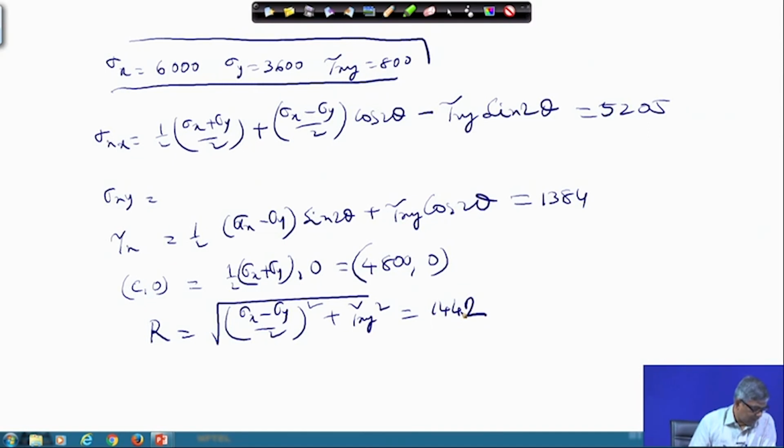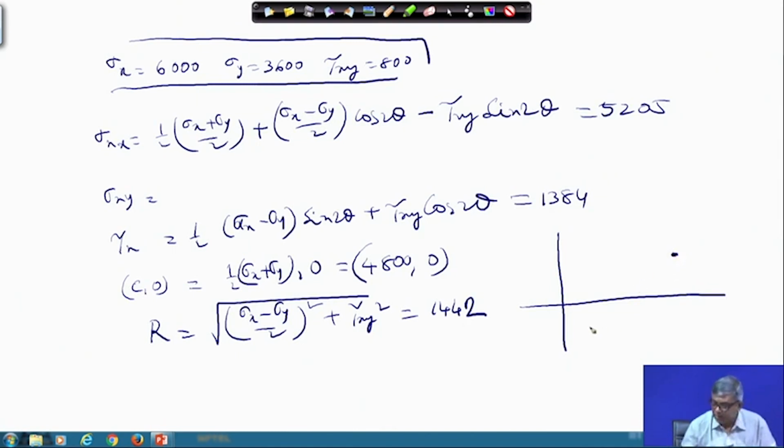And I can draw the circle with this, that means I can take the axis here, and from the right face I can locate a point here.